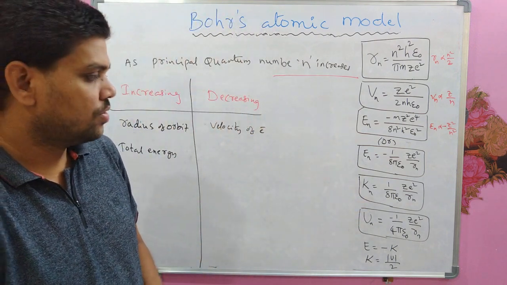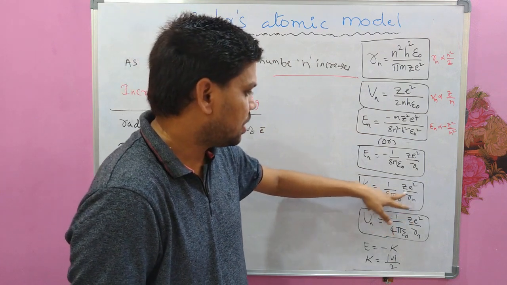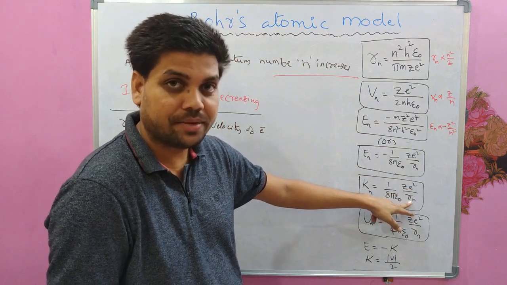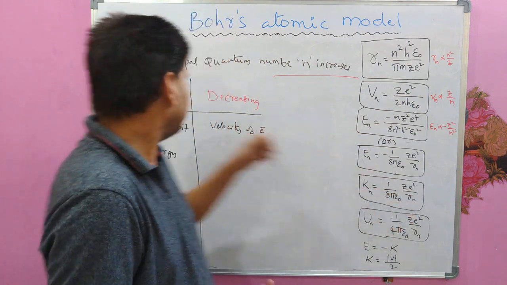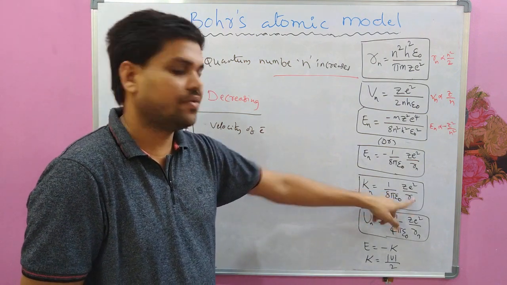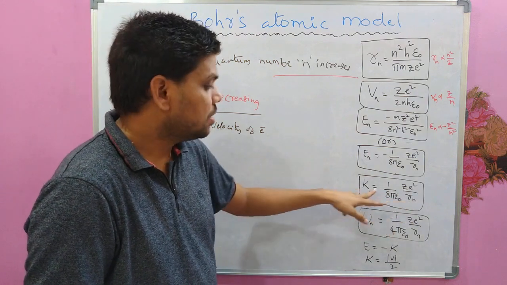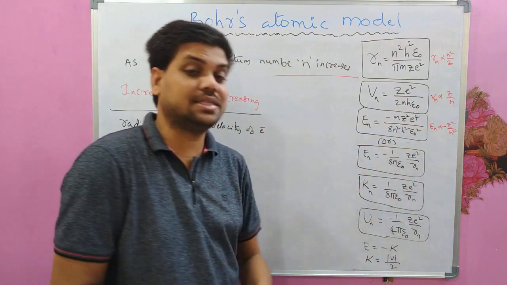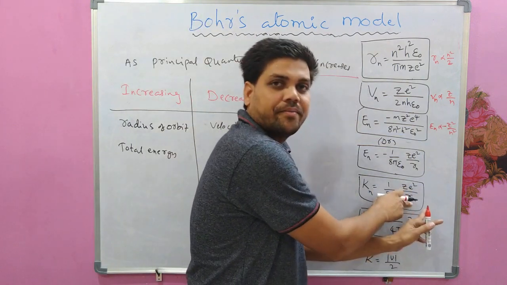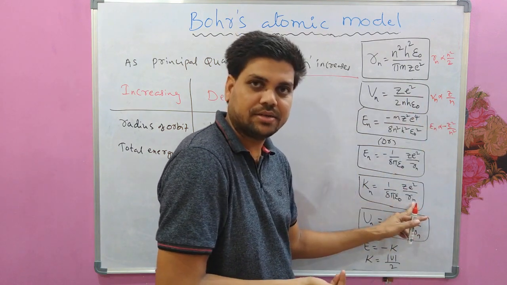You can see this expression. These are all constants. It depends on Rn, the radius of the orbit. If n increases, the radius is increasing. Then the kinetic energy should decrease, because Rn, the radius of the orbit, is in the denominator, and it is increasing with respect to n.